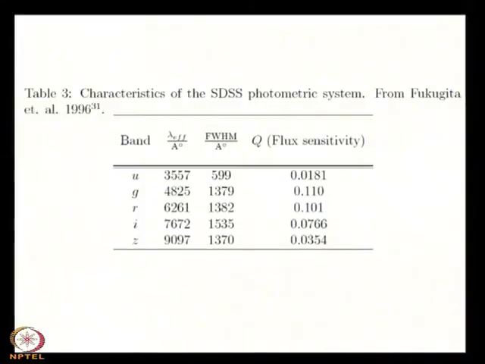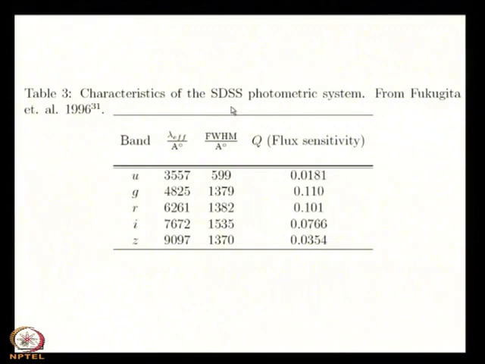Okay, there are band systems which extend much beyond, all the way into the infrared. So this table shows you the Sloan Digital Sky Survey. This is a very recently completed, actually I think it's nearly complete now, sky survey.